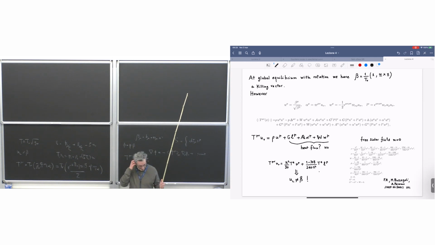Now, the interesting question is whether you can find an example where these coefficients are different from 0. And indeed there is. This calculation was pointed out some years ago. But in this calculation, with Matteo Buzzegolo and Andrea Palermo, we calculated the free scalar field, massless scalar field coefficients, so all of them for a free theory.